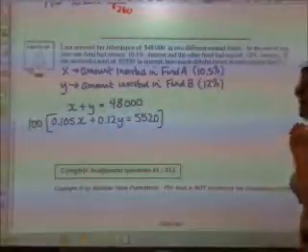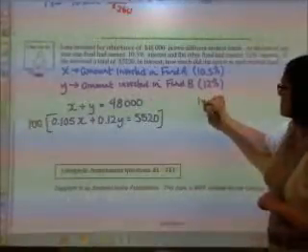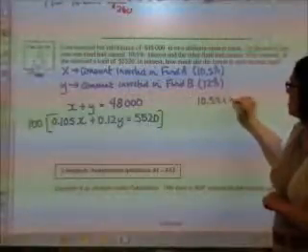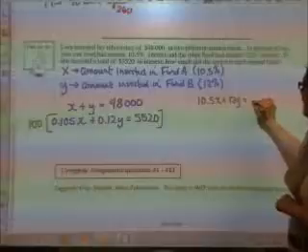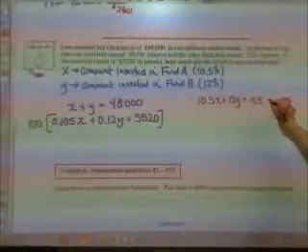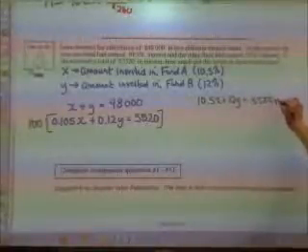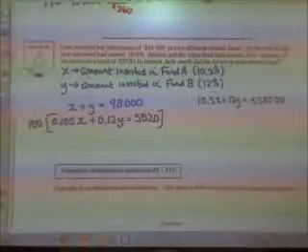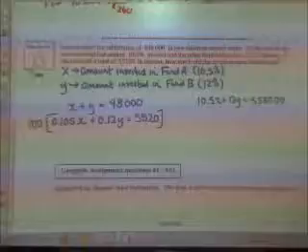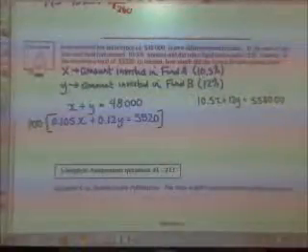So I'm going to multiply each term by 100. And I'm going to get 10.5x plus 12y equals, sorry, not 5,000, it would be 5 million. No, 552,000, there we go. Would be the amount that I would get.